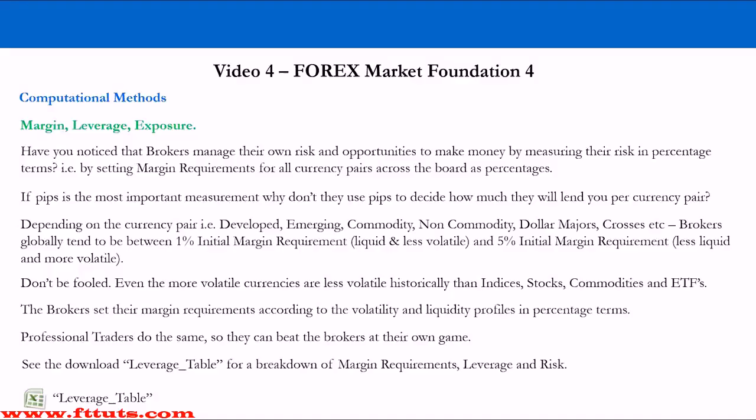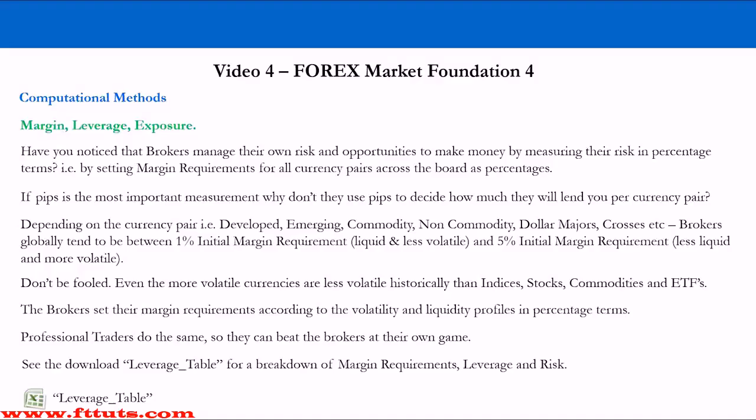So depending on the currency pair, so in developed, emerging, commodity currencies, non-commodity, dollar majors, crosses, etc., brokers globally tend to be between 1% initial margin requirement, so very liquid and less volatile currency pairs, and 5% initial margin requirement for less liquid and more volatile currency pairs.